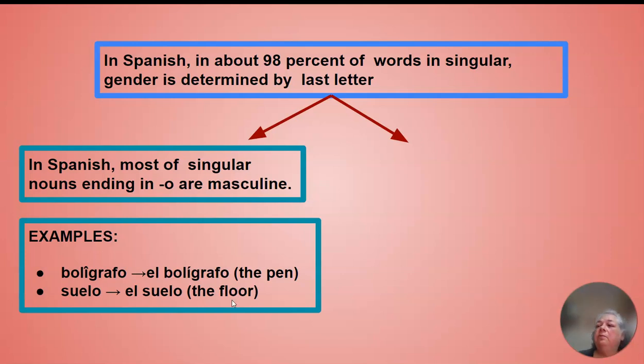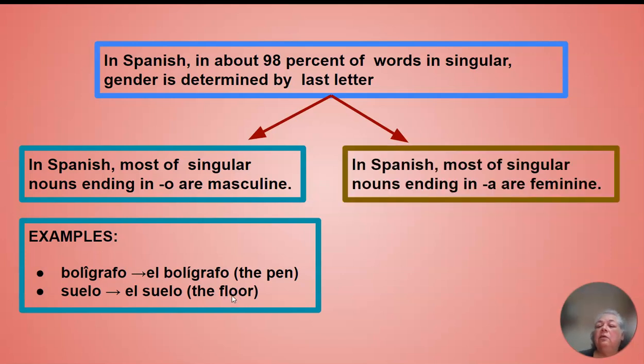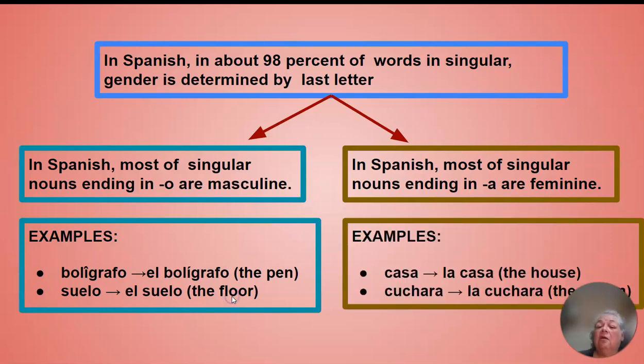Out of those 98% of the words, if the word ends in A, that tells us that it is a feminine word. From the examples that I had previously, we have the word casa, it ends in A, so I am going to need the feminine definite article, and remember that is la, so it becomes la casa, the house. It goes from house to the house.